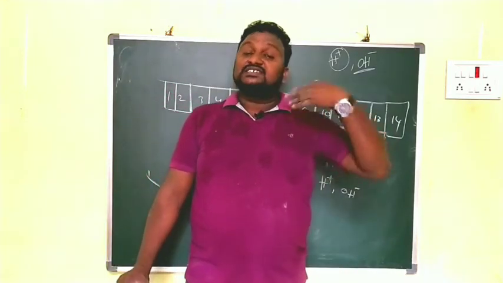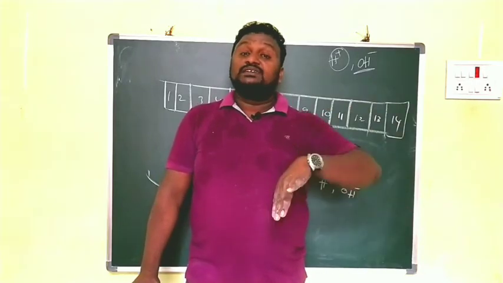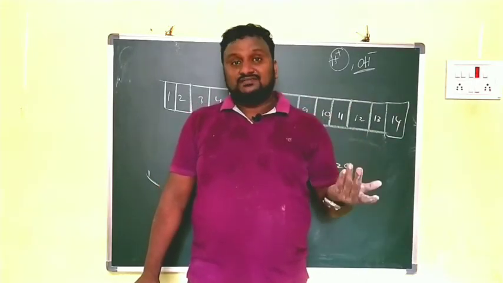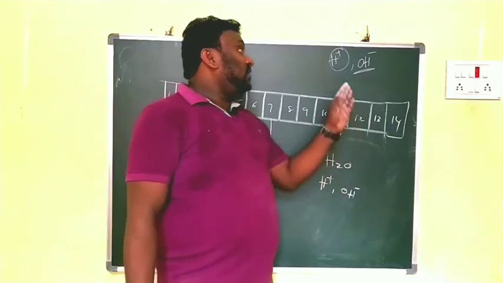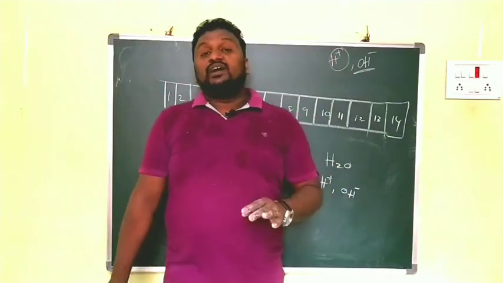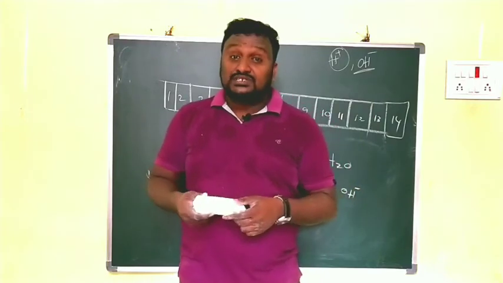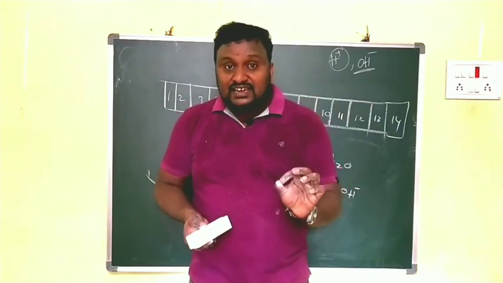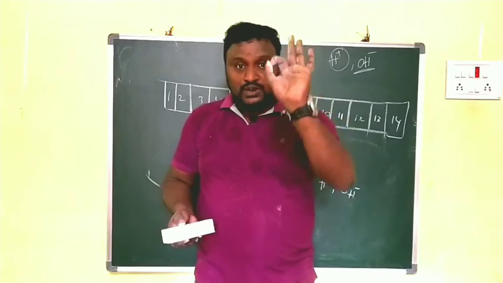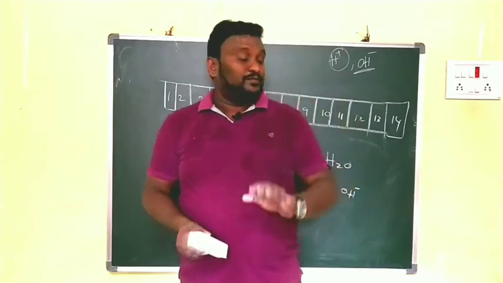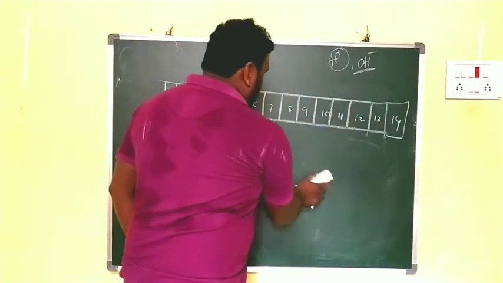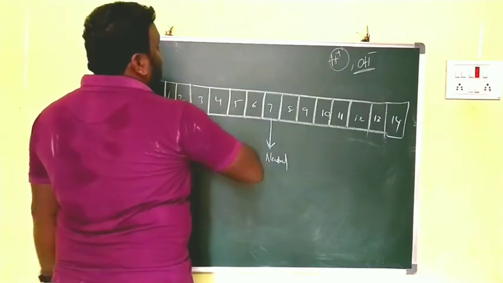So H plus decides the acid and OH minus decides the base. When the concentrations of H plus and OH minus are equal, it is taken as neutral. On the pH scale, 7 represents that the solution is neutral. Clear? So this is the pH scale.